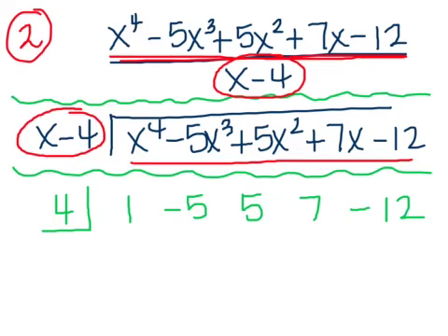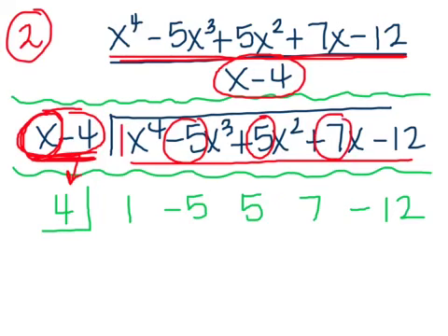But to do this, because the x doesn't have a number in front of it, and this is a binomial, we can do the shortcut, which is synthetic division. So remember, we want to put the opposite of whatever you see next to the x, put the opposite sign in the little box. Then you put your 1 coefficient, your -5 coefficient, your 5, your +7, and your -12.